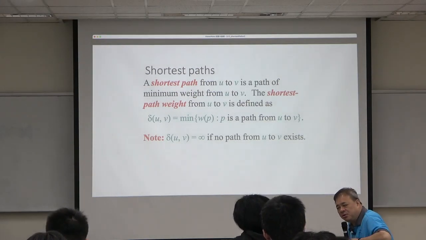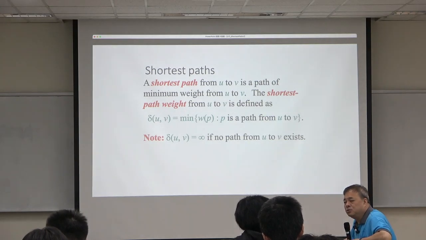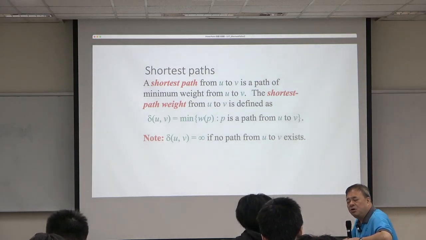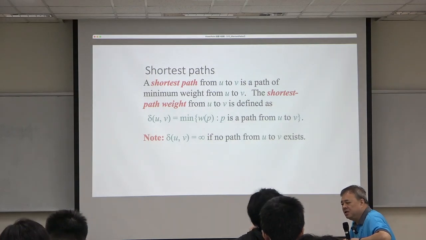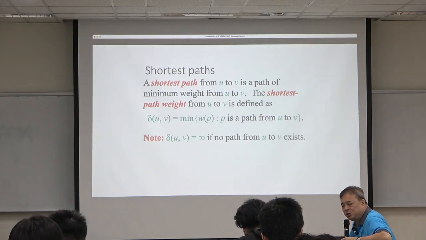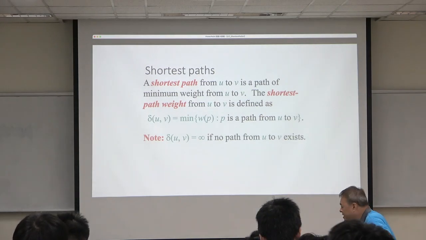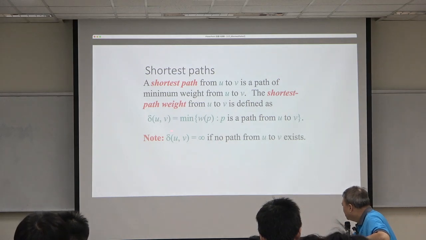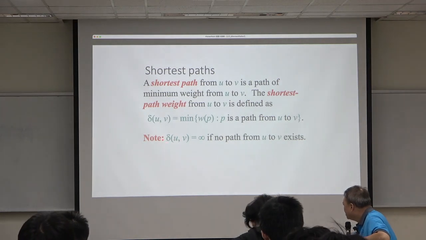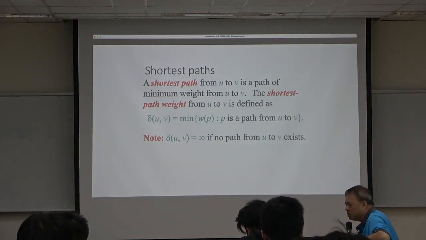Because after all, we are trying to quantify the cost from U to V. If there's no path from U to V, it means no matter how much you pay, you would not be able to reach V from U. So that's why the shortest path weight between U and V is defined to be infinite if there's no path between them.